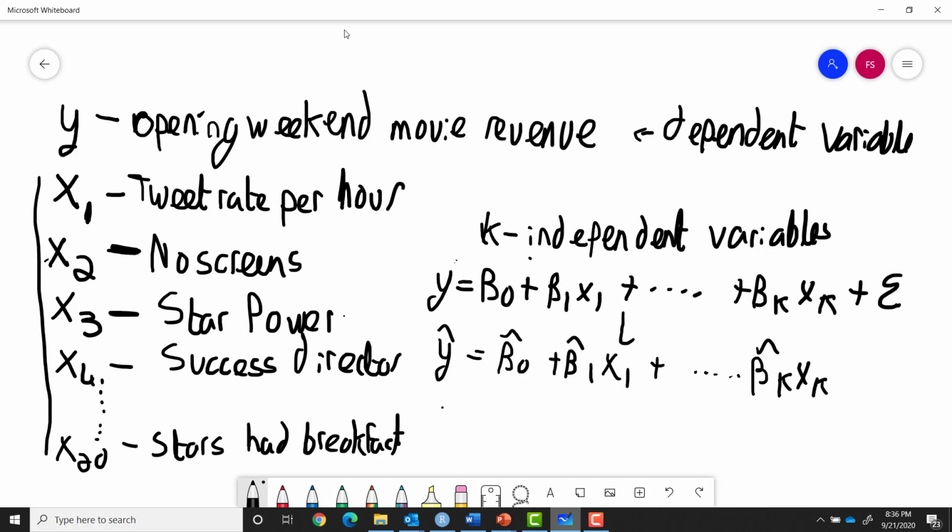What's very important for you is beta 0. This is the predicted revenue, so it's still the intercept when all the x's are 0.